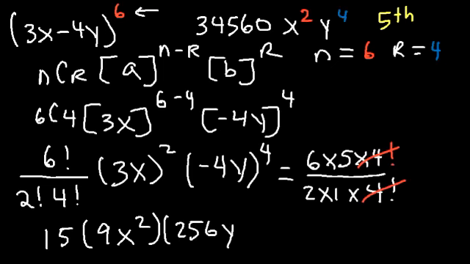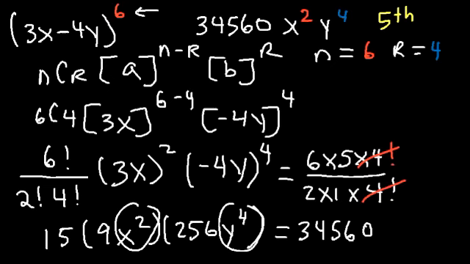So 15 times 9, which is 135, times 256, that's 34,560. And we have an x squared and a y to the fourth. So as you can see, it gives us the same answer.